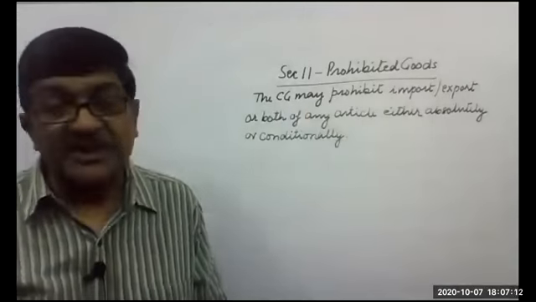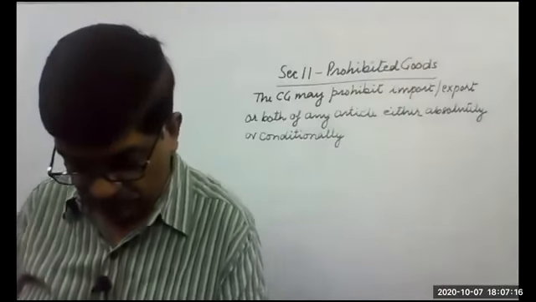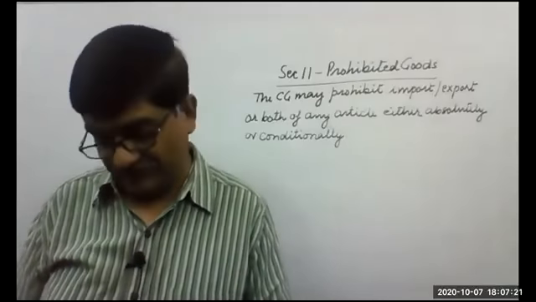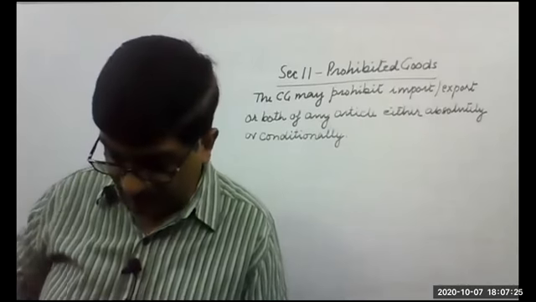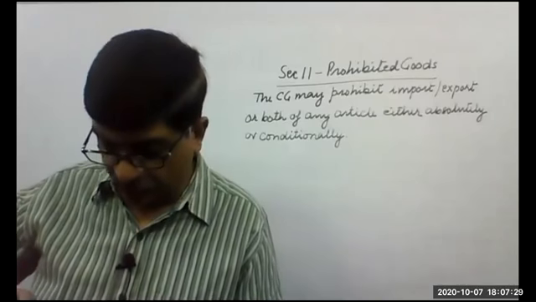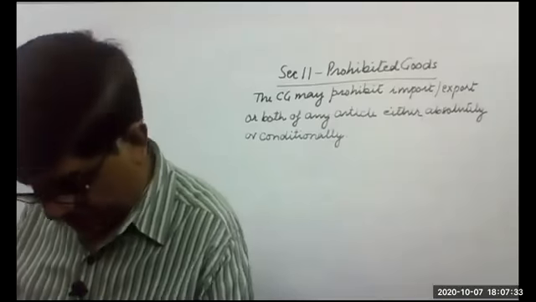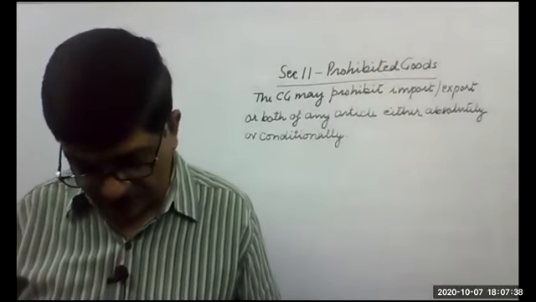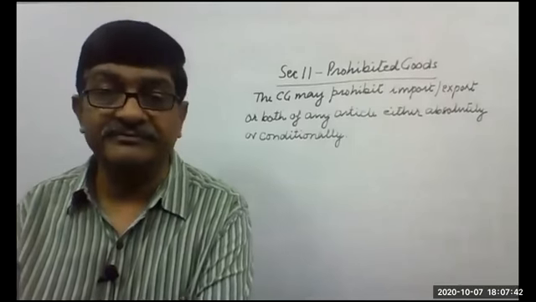Who is entitled to exercise the powers here? Central government. Under section 7, who exercises the powers? Start from section 4. Under section 4, appointment, who exercises the powers? CBIC. Under section 6, who delegated the authority?